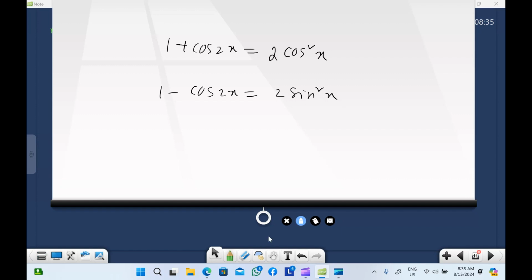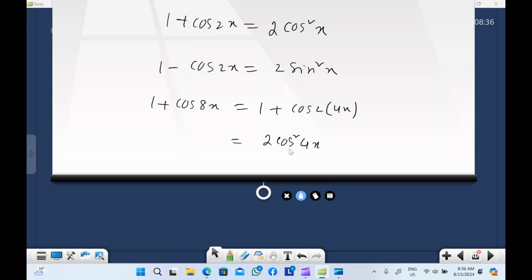You know this one. And in this problem, the term is given as 1 plus cos 8x. And 1 plus cos 8x can be written as 1 plus cos of 2 times 4x, is it not? And that is nothing but 2 times cos square 4x. Okay, so I am using this formula in this problem.